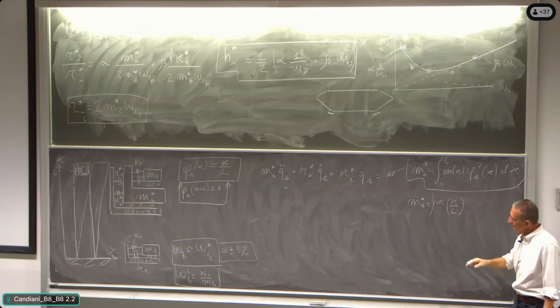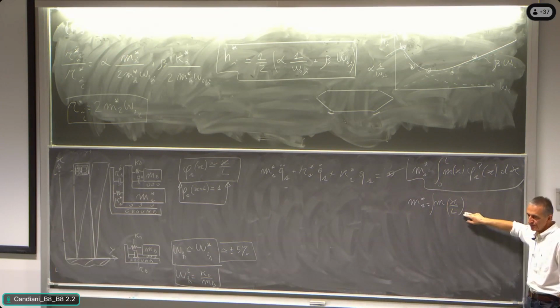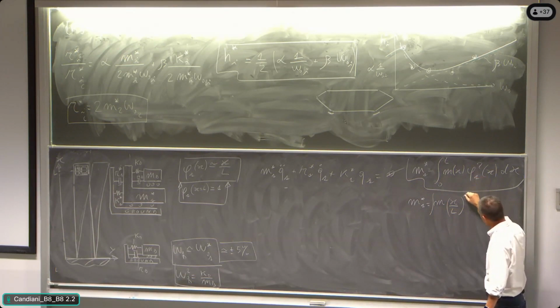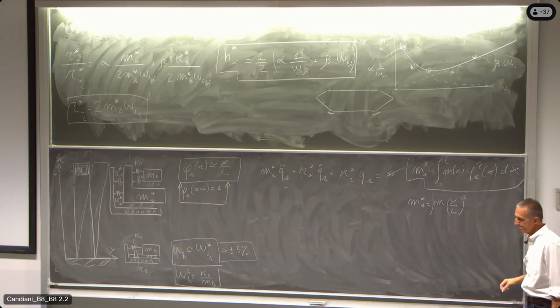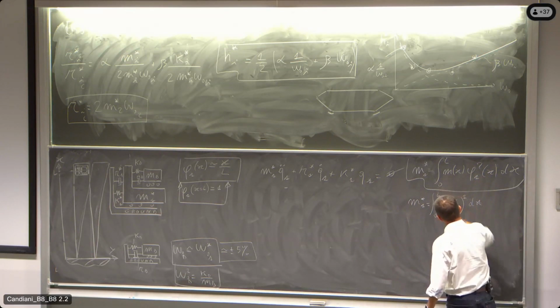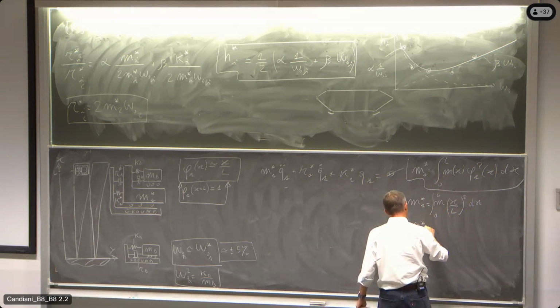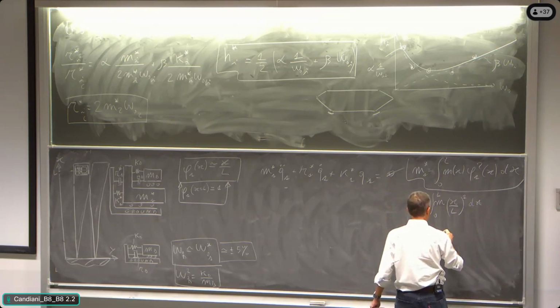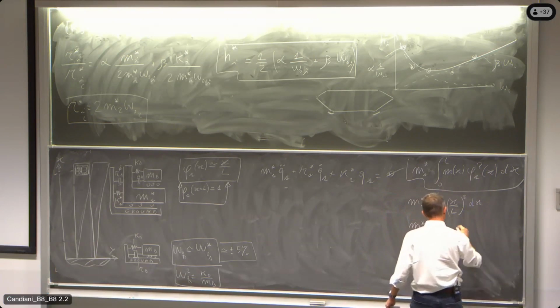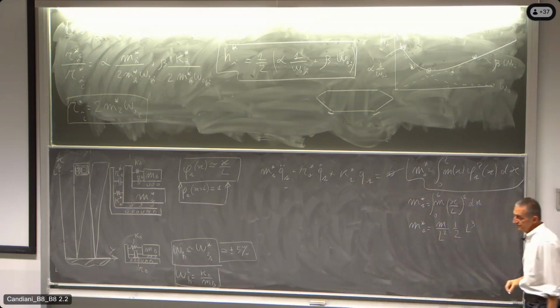Try to follow me. Mass per unit length, modal shape, x divided by L, squared, integrated over dx, from 0 to L. All right. M star 1 equals m L square, 1/2. All right?